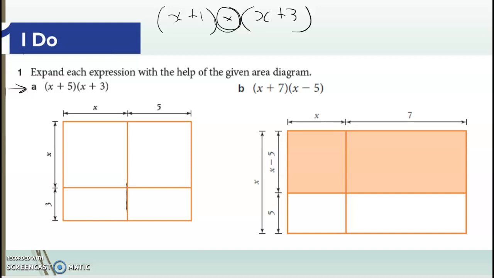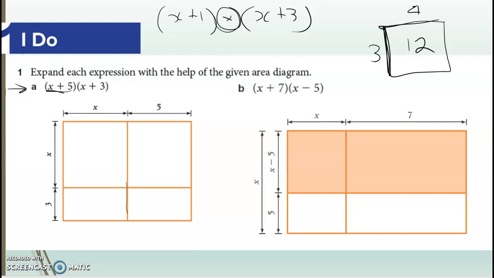Now, to help us do this expansion, we're going to represent this expansion using an area diagram. So we're going to think about finding the area of this diagram in order to find the expansion. Just like if I had a rectangle of 4 times 3, if I want to find the area, I would multiply the length along here by this length to get 12.